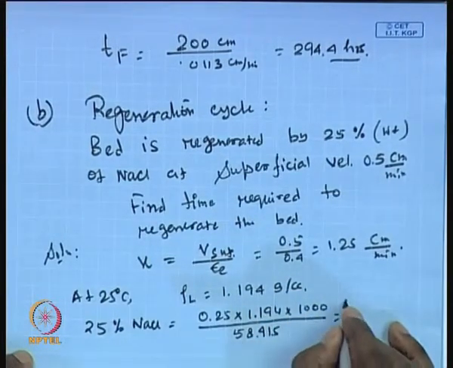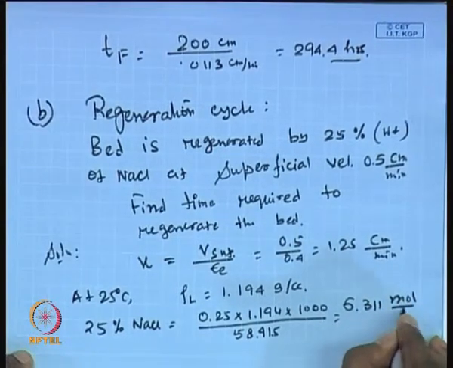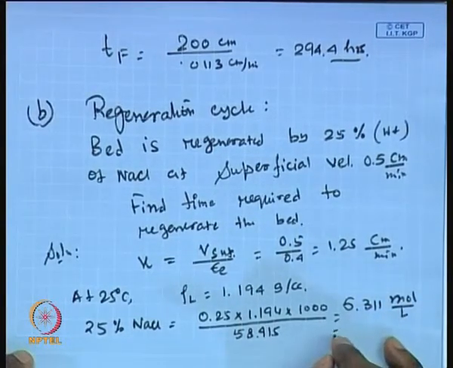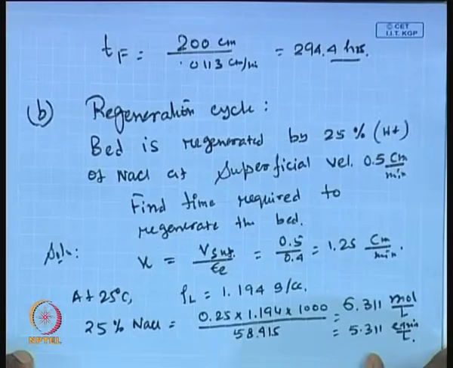So, it turns out to be 5.311 mole per liter, and this will be 5.311 equivalent per liter.